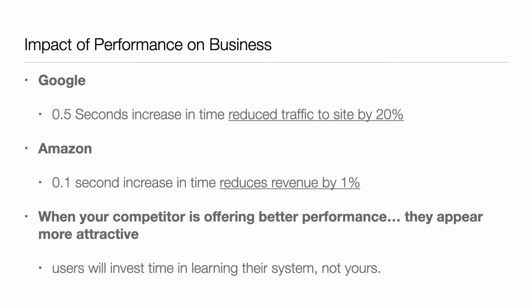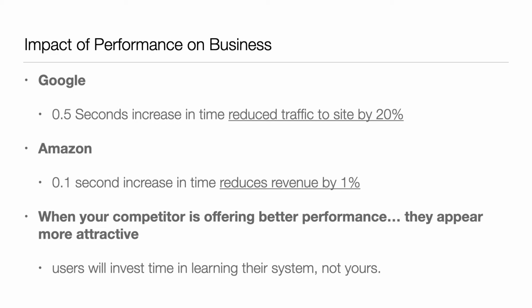Amazon has said that a 0.1 second increase in time reduces their revenue by 1%, which is a massive amount. So if your competitor is offering a website, an app, a service, whatever it is, with a better performance, they'll be more attractive and will get more traffic, more users, and just be better. They're stealing your money. So performance is a very crucial part of the finance of just usability and design.